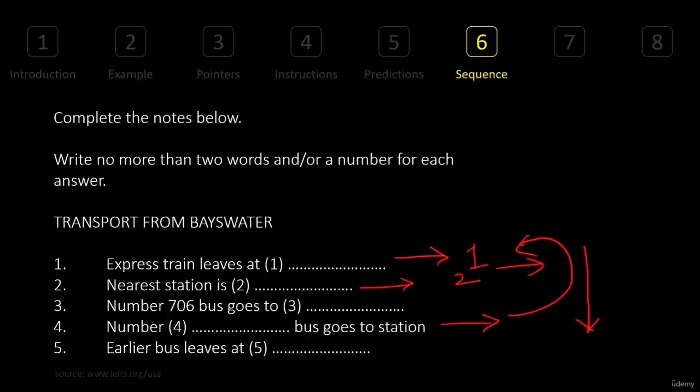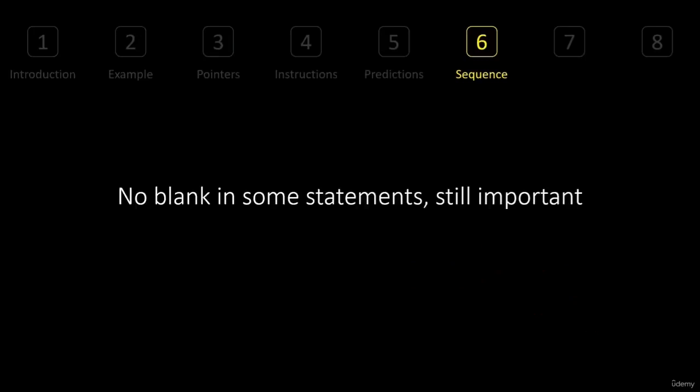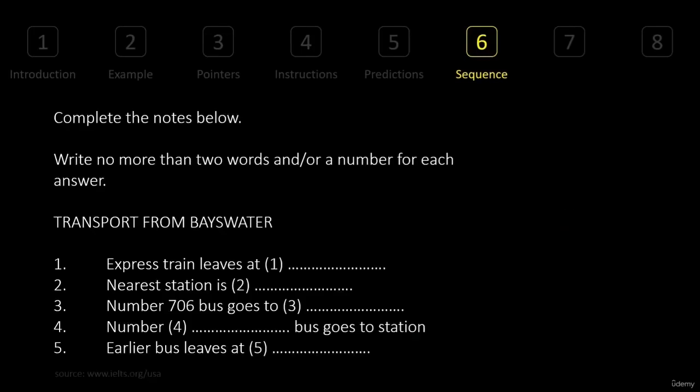Okay? Good. Now, if there are some blanks in the statement, then it is a question. What if there are no blanks? Still, it is important to understand the sequence. What I mean is, let's say there's no blank here, they have given the answer here. You should be listening to this as well for a reason. You have to maintain the sequence, right?